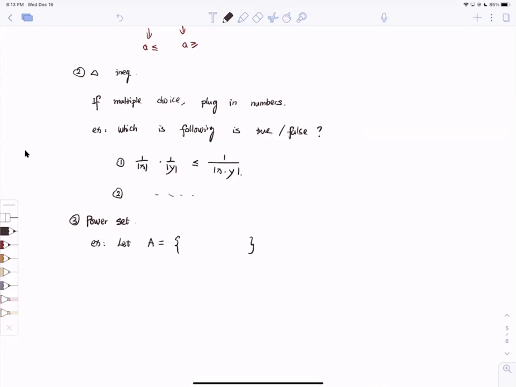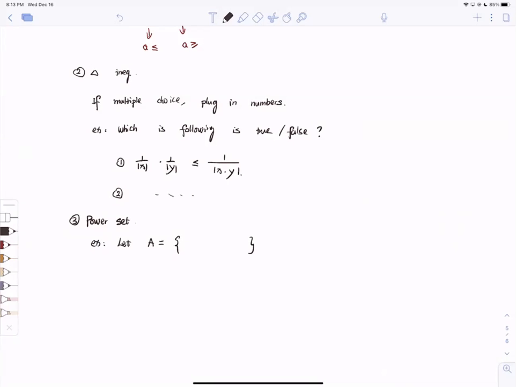They might put something weird in, and then ask you what's the power set of this. I don't know what they'll put in, but they can put something weird. Make sure you know how to compute a power set. That's pretty important.